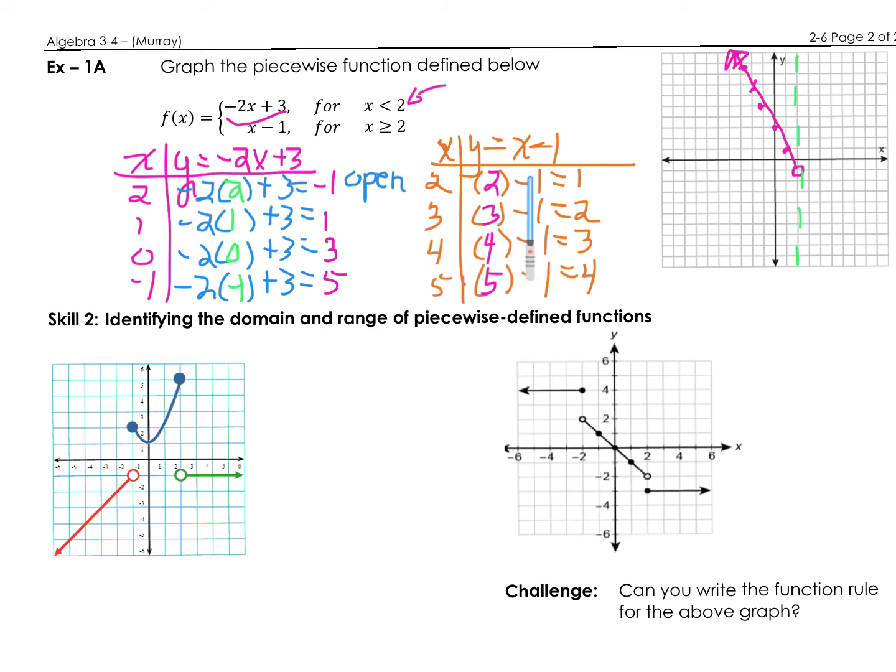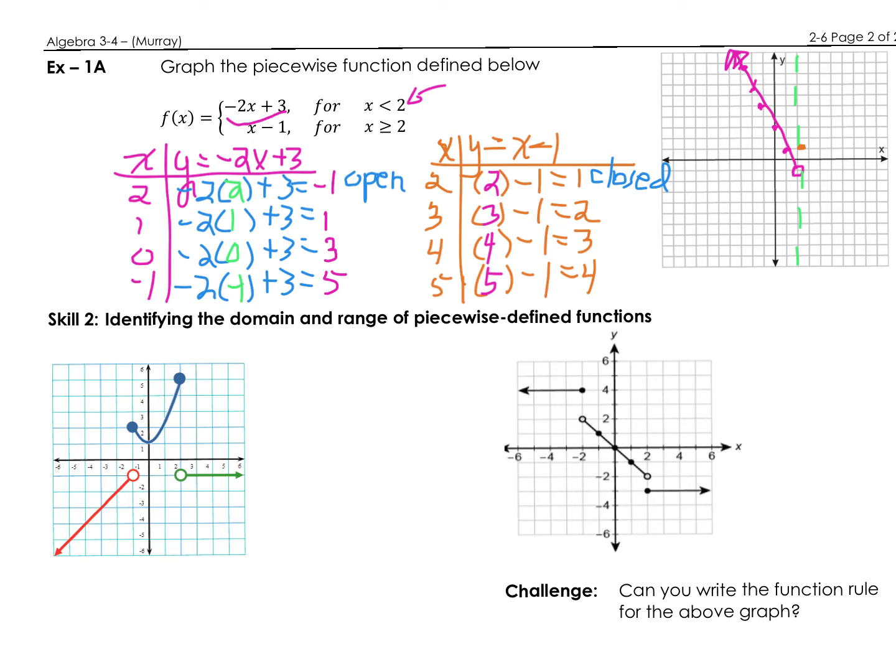And remember, this is our boundary point, and so according to the equals to, this is going to be a closed point. So I'm going to put the word closed to remind myself to close the circle. All right, so I'm going to put a closed point at 2, 1. So right here is a closed point.